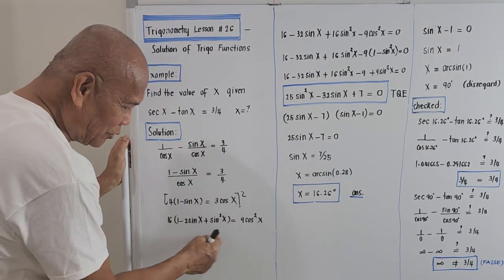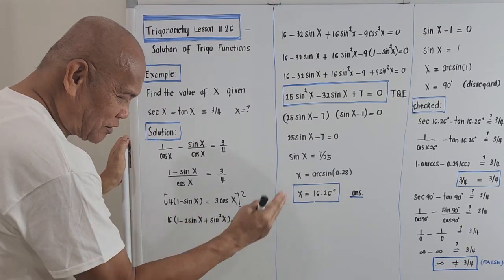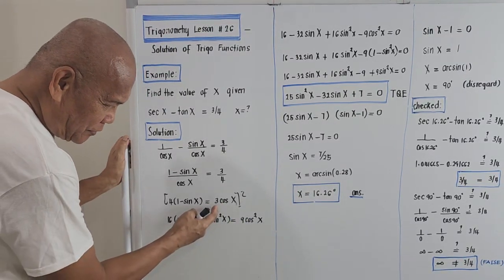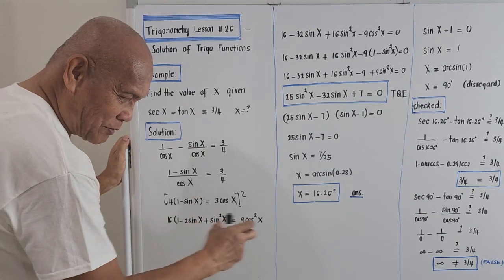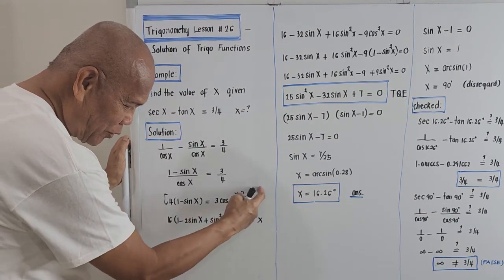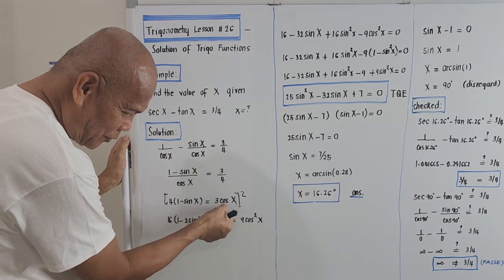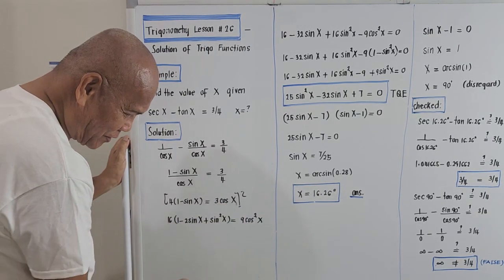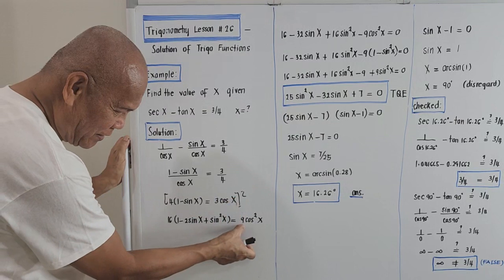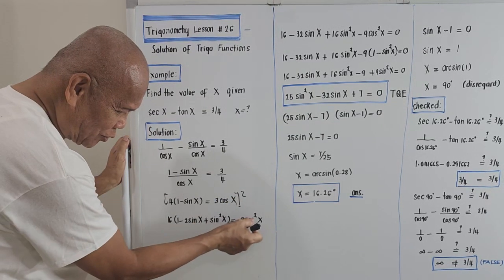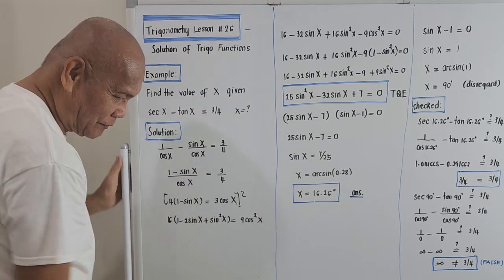And this should be equal to, for the right hand side, it's still the same. 3 and cosine are expressed as a product. So if we take the square, it will be the square of 3 times the square of cosine. The square of 3 is actually 9. And the square of cosine will be cosine square of x.